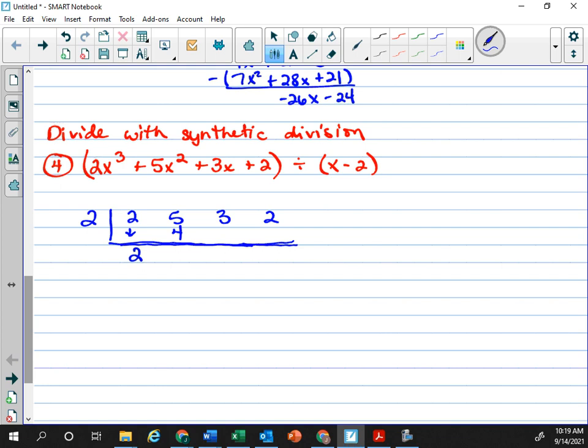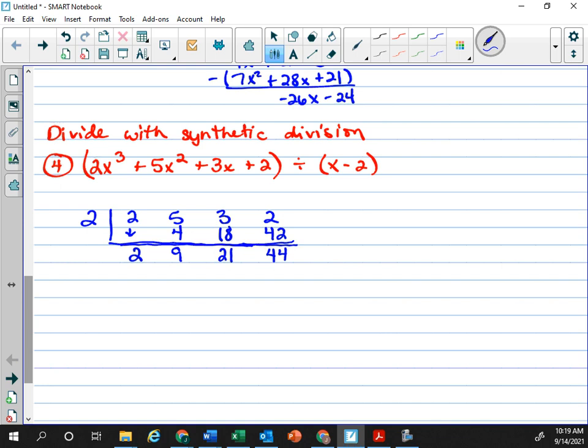Okay, so long division was all subtraction, synthetic, we get to add. So 5 plus 4 is 9. And then you just repeat that process. So I take 9 times the 2 that's out front on the left, and I get 18. I add, it's 21. I multiply, I get 42. I add, and it's 44.